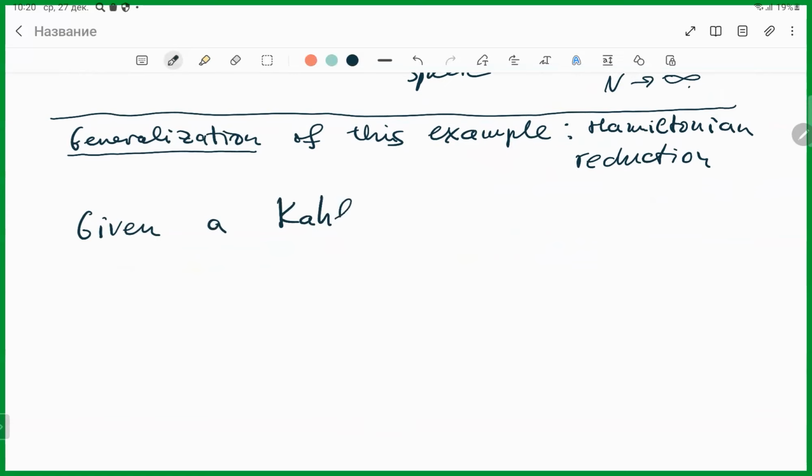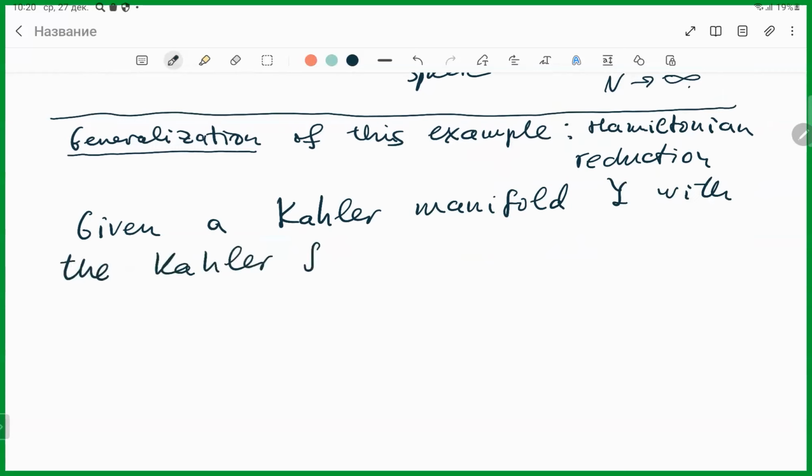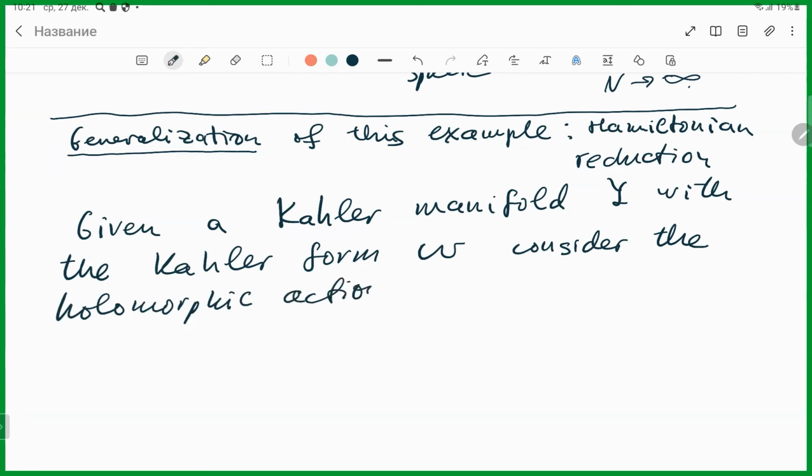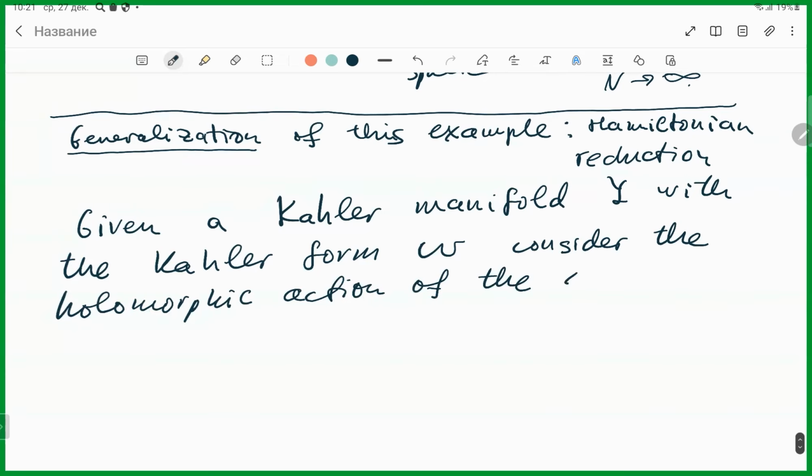Given a Kähler manifold, Y, with the Kähler form, consider the holomorphic action of the complex Lie algebra.